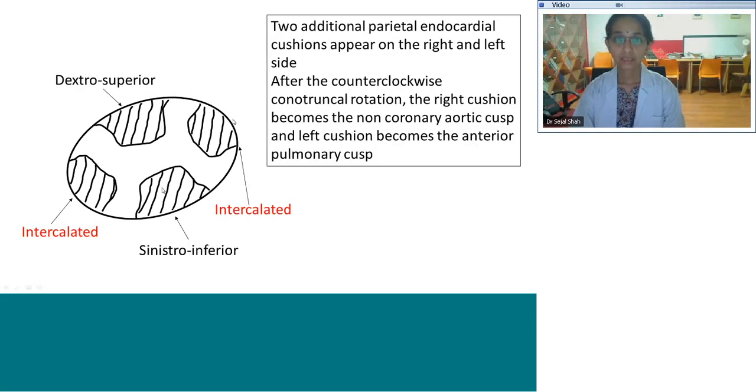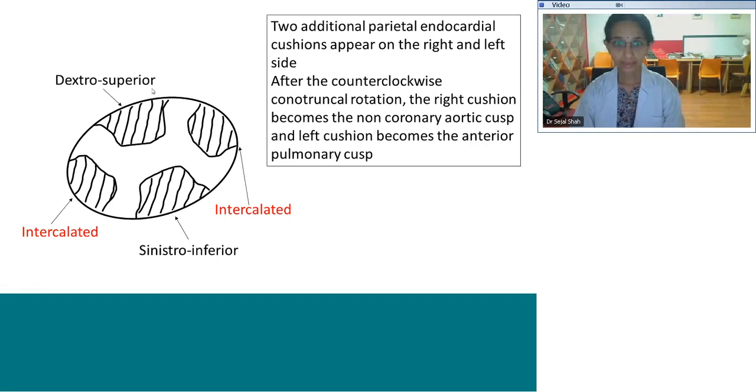So after this, simultaneously we have the intercalated cushions. They are the parietal endocardial cushions which develop on the right and the left side. And these cushions then finally give rise to the non-coronary aortic cusp and the anterior pulmonary cusp.